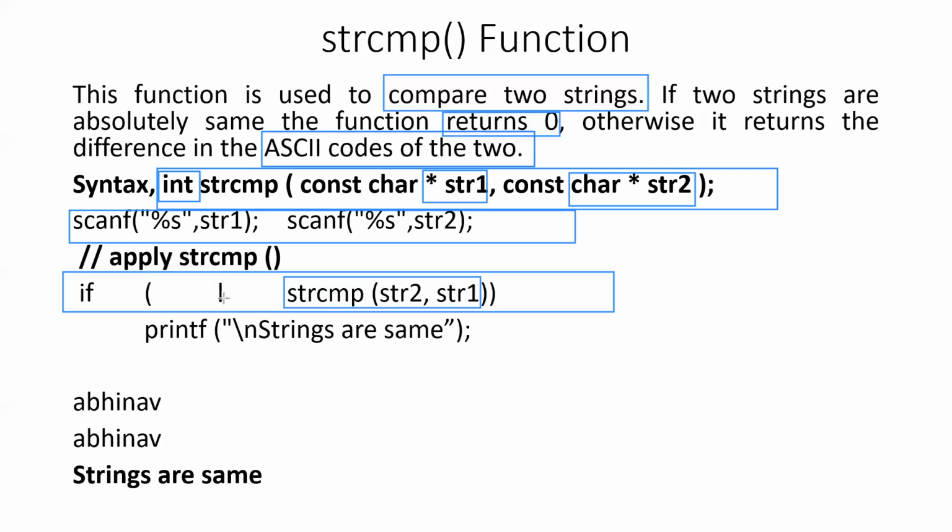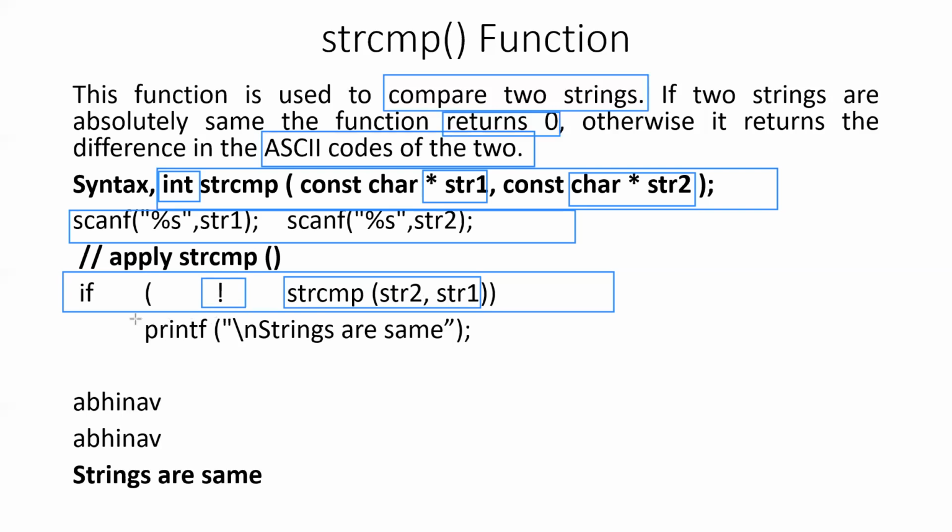And because the not logical operator has been used in front of it, if the two strings are the same, then it will return 0, and the not will convert the 0 into 1. So this if statement returns 1 if the two strings are the same.